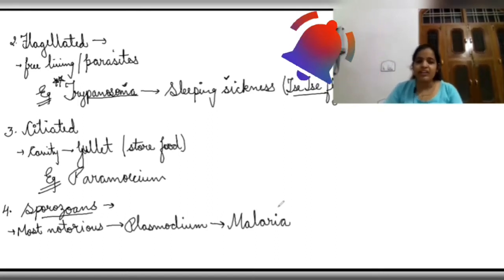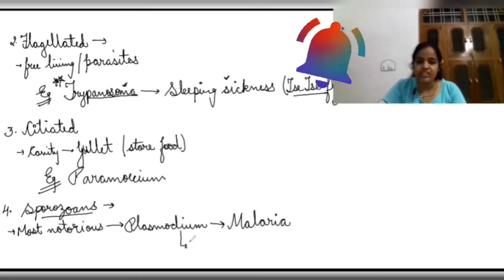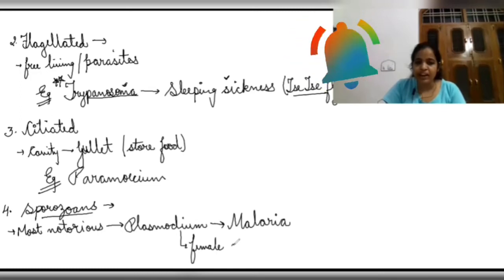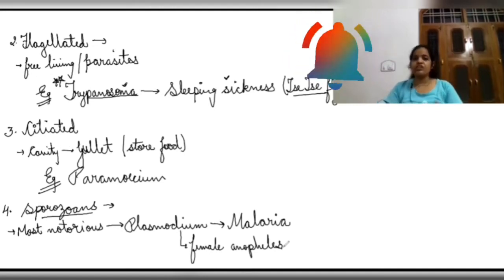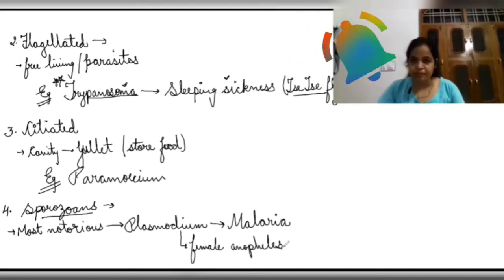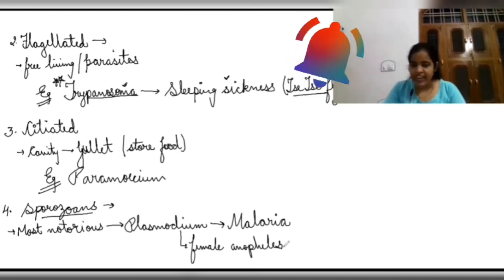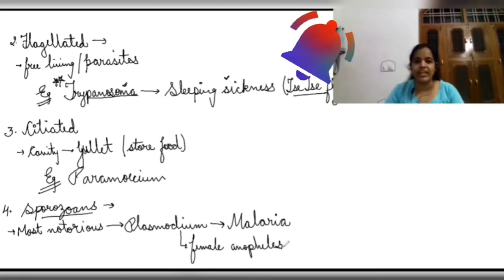So who is the vector over here? The vector is female Anopheles. Female Anopheles is actually a mosquito. This female Anopheles will transmit the Plasmodium into our body to cause malaria. Male Anopheles are not responsible for the transfer of malaria.